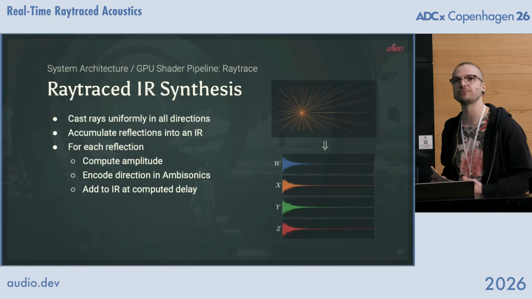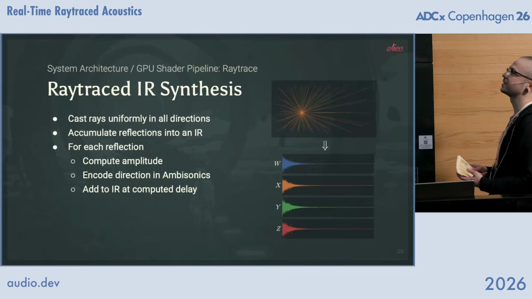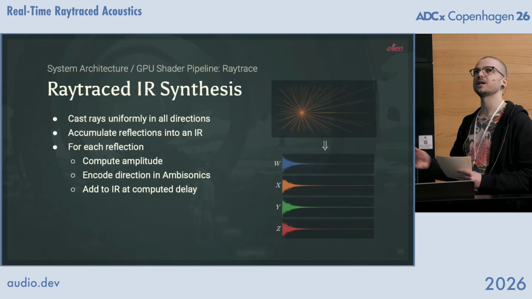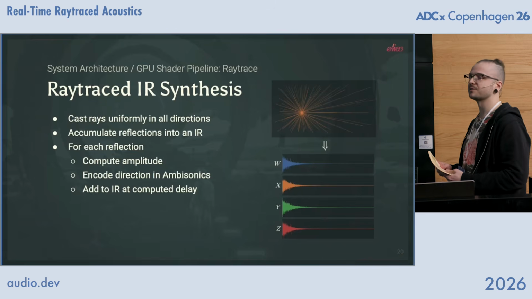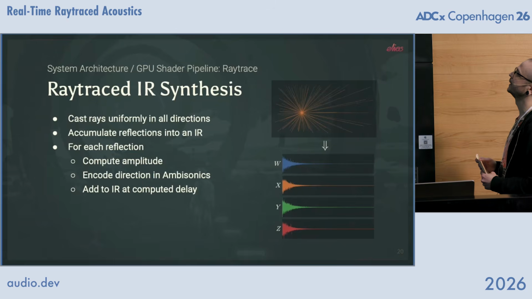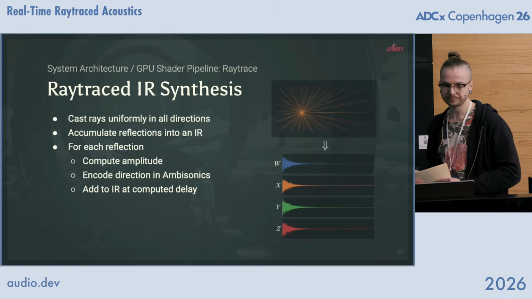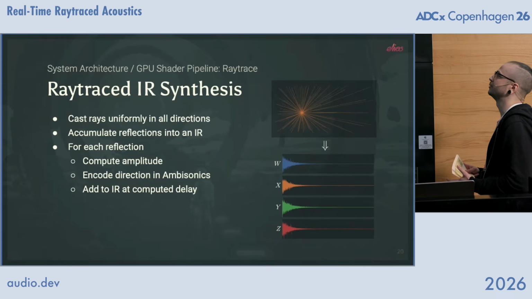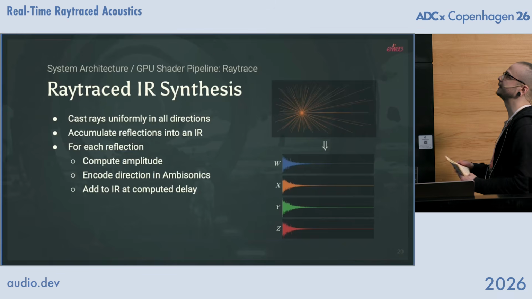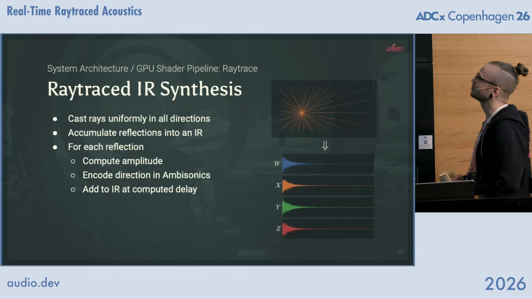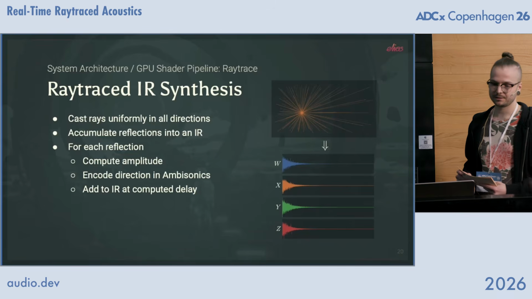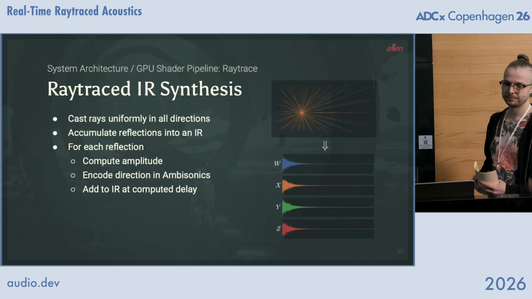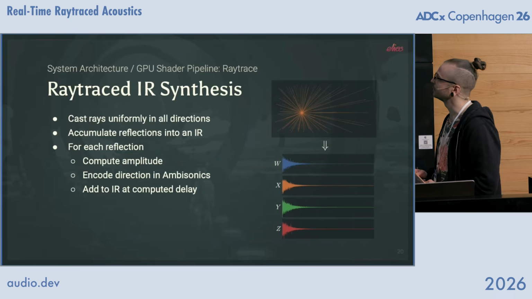Specifically, for each reflection, we try to estimate how much of the reflected energy actually returns back to the listener. So we compute the amplitude based on material properties and the path length of the ray. And then we encode the direction of arrival in ambisonics, so we get a spatial impulse response. And then we add that contribution to the impulse response at the computed delay.